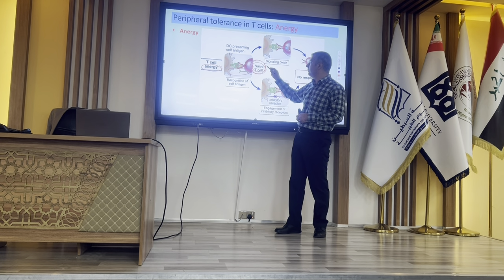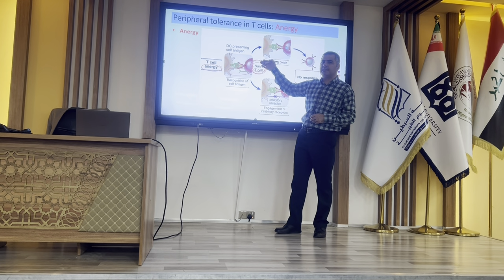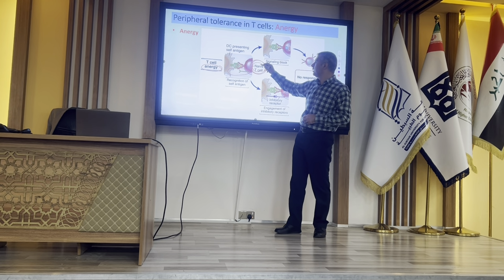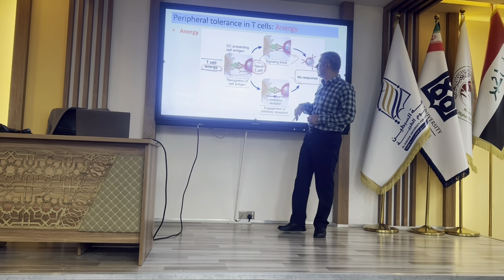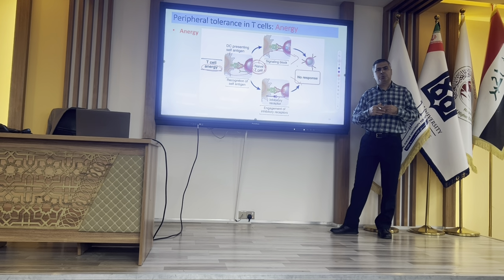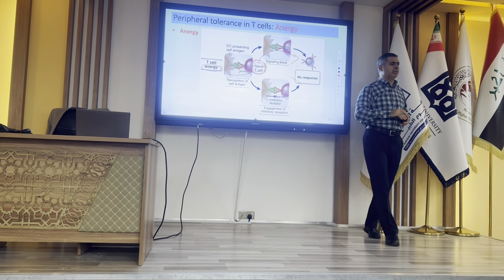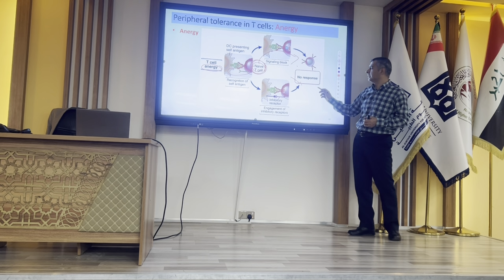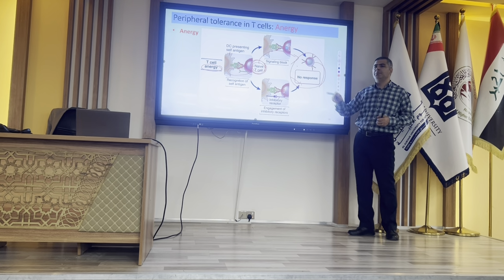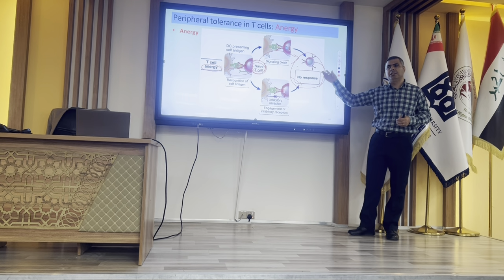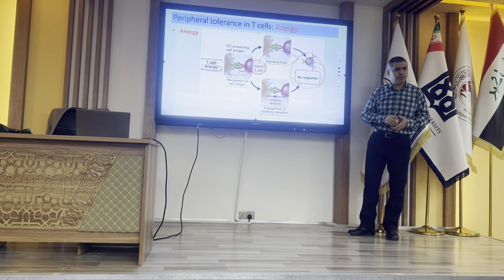Not only will we not have activation of these naive T cells, they will go to a state which is called anergic or unresponsiveness state, and we won't have any immune response, any activation here. Clear or not?